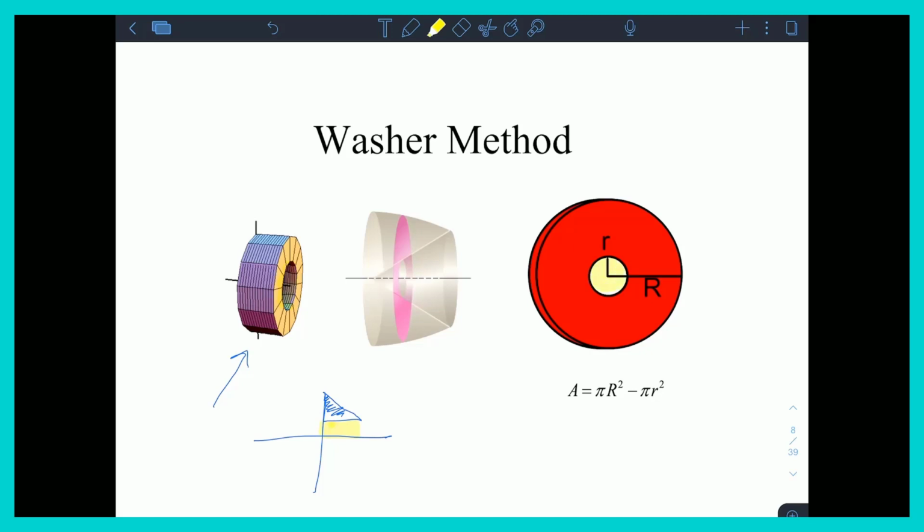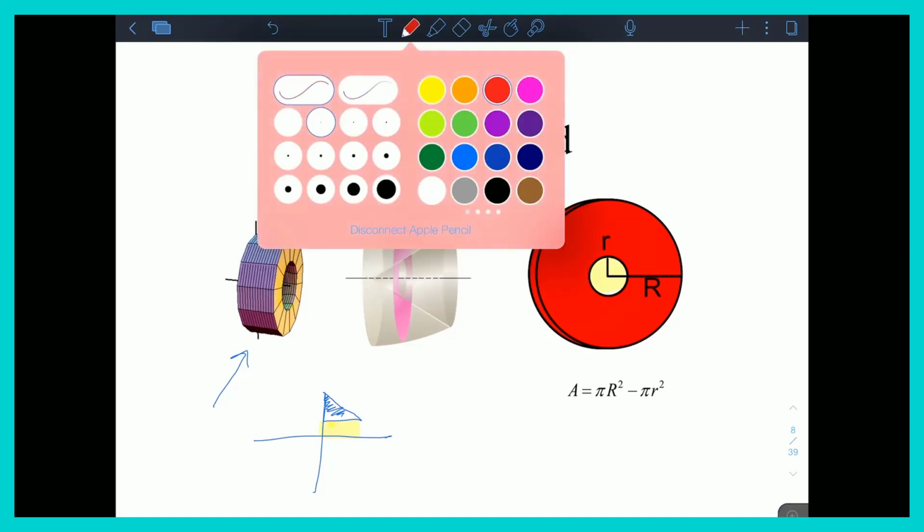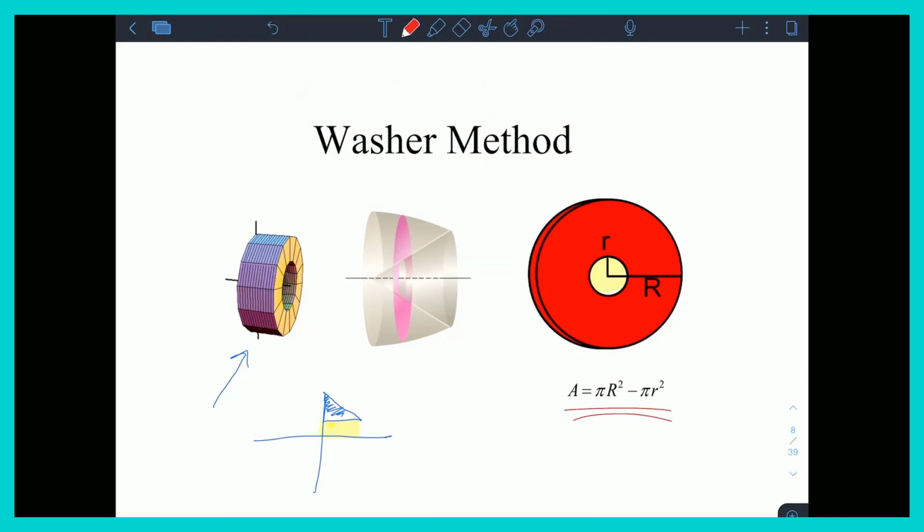That inside circle is a hole. We don't want the area of that to be included, so we're going to have to adapt our formula a little bit. To find the area, you have to find the area of the outer circle and subtract the area of the inner circle, which is the empty open space.